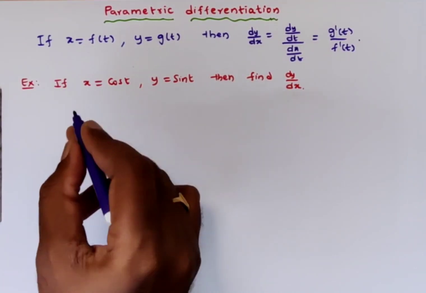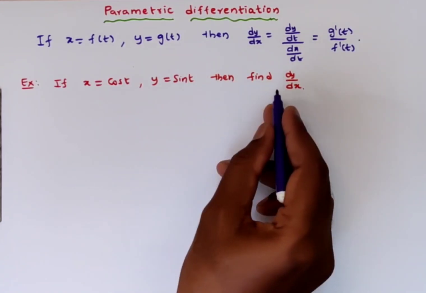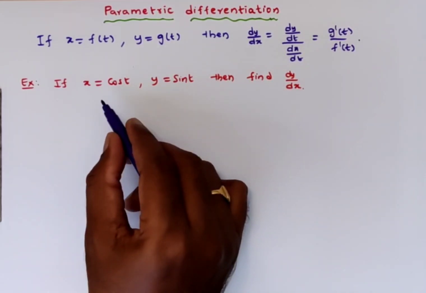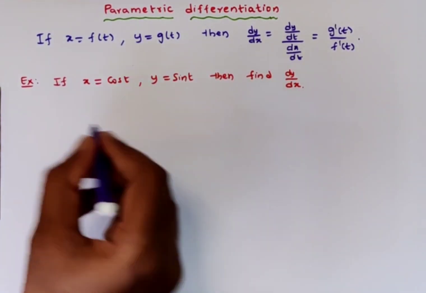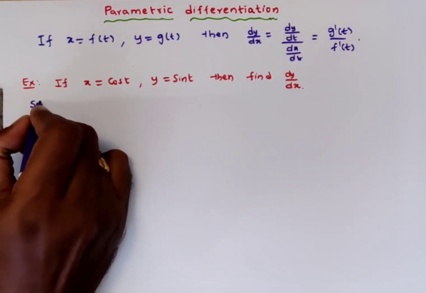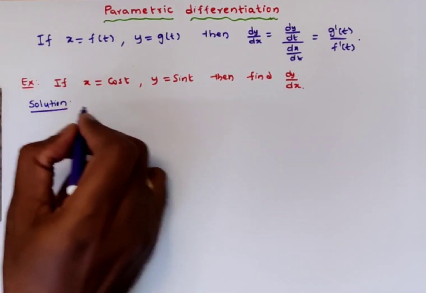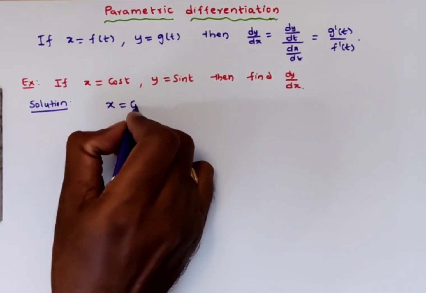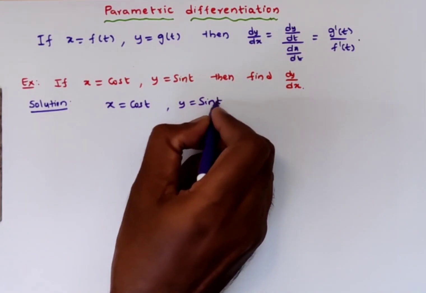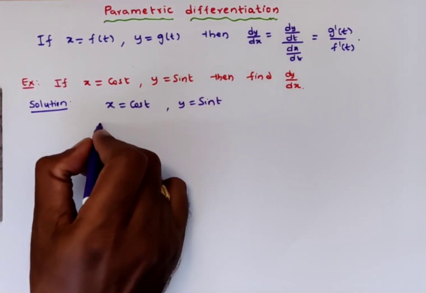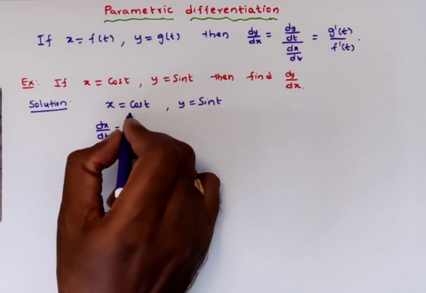For example, if x equals cos t and y equals sin t, then find dy by dx. Here two functions are given, x in terms of t and y in terms of t. Now x equals cos of t and y equals sin of t, so dx by dt equals d by dt of cos t.